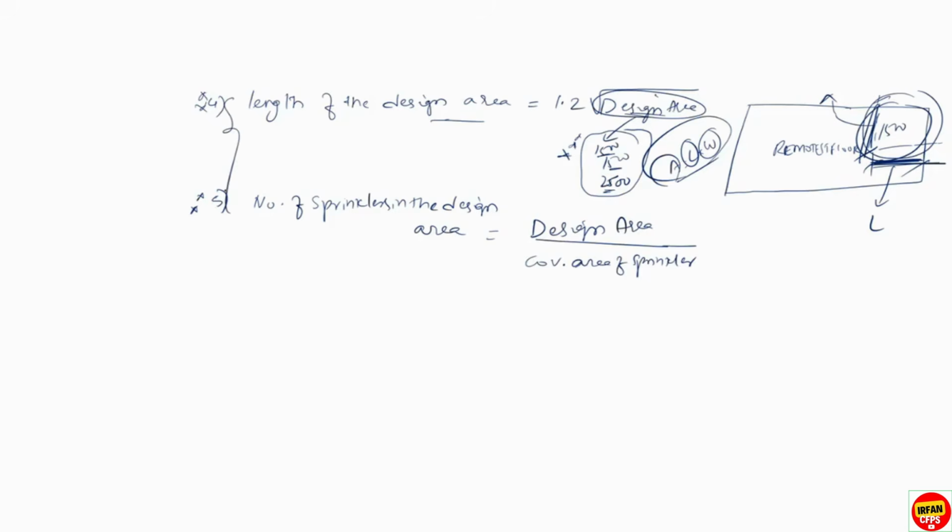This is the most important formula. These two are the most important formulas you have to remember. Design area of operation means this is the design area.